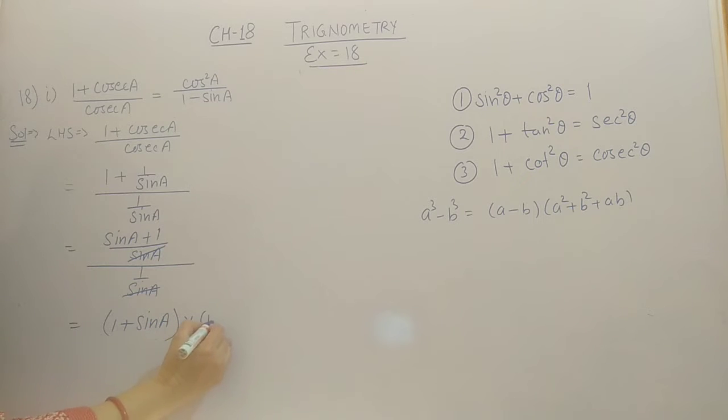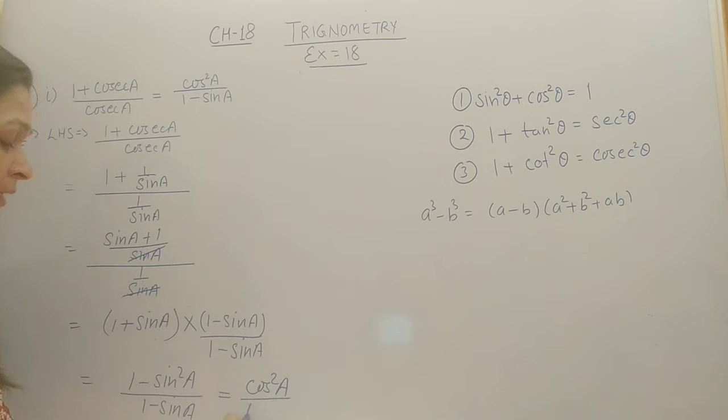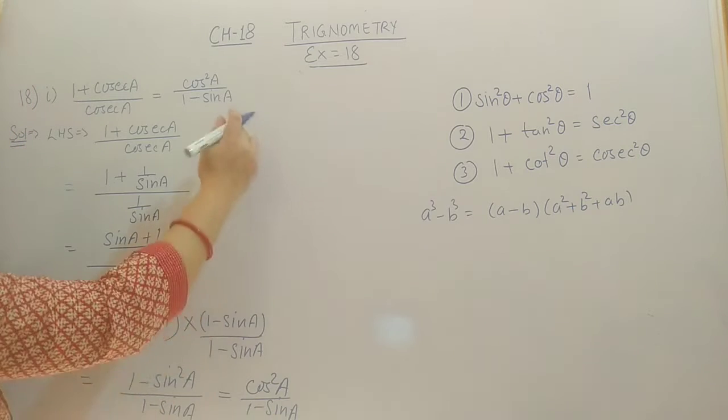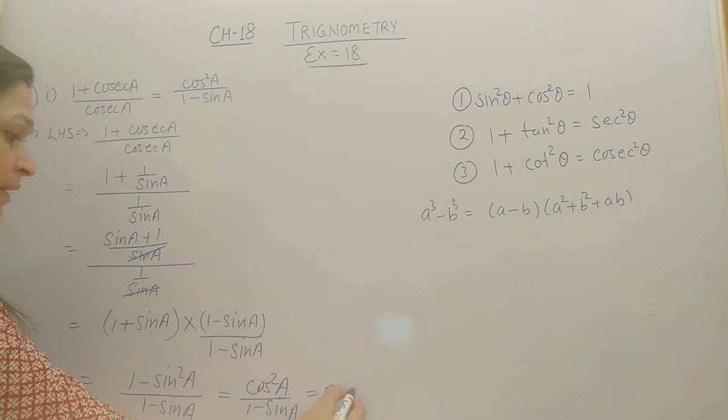We are multiplying numerator and denominator with 1 minus sin A. Now this numerator, if you see, 1 plus sin A into 1 minus sin A, that is a plus b, a minus b, so with the help of the a² − b² formula, we can write it as 1 minus sin²A divided by 1 minus sin A. So 1 minus sin²A, with the help of the first identity, we can write as cos²A by 1 minus sin A, which is our right side. Left side is equal to right side, hence proved.